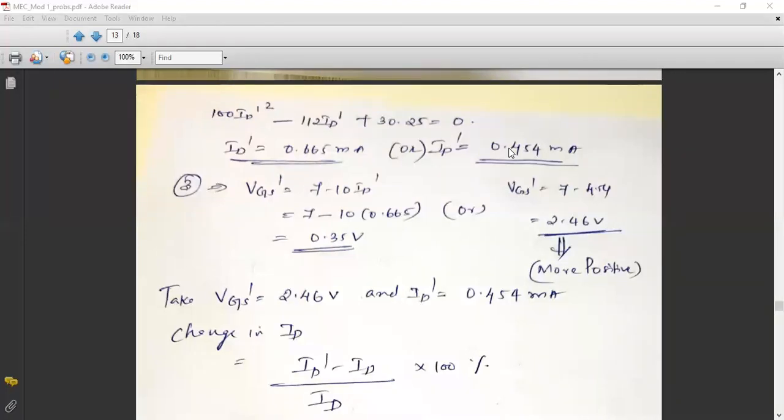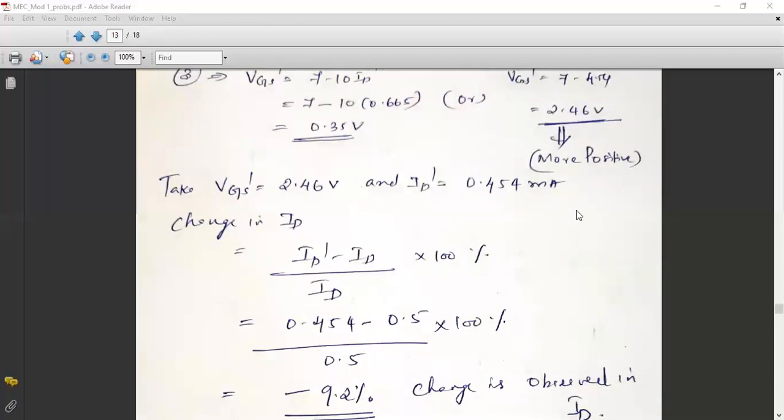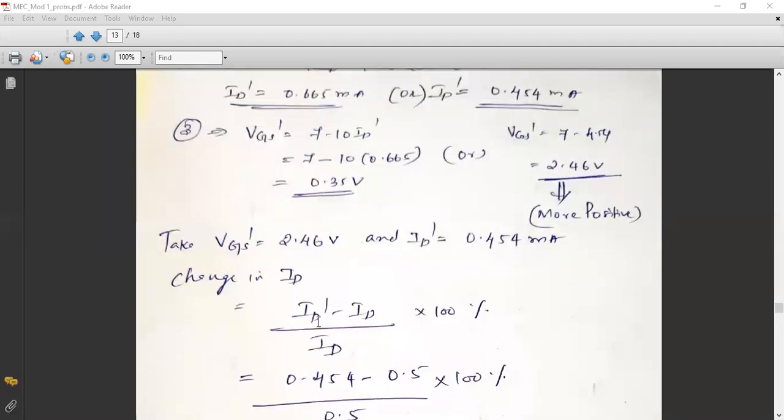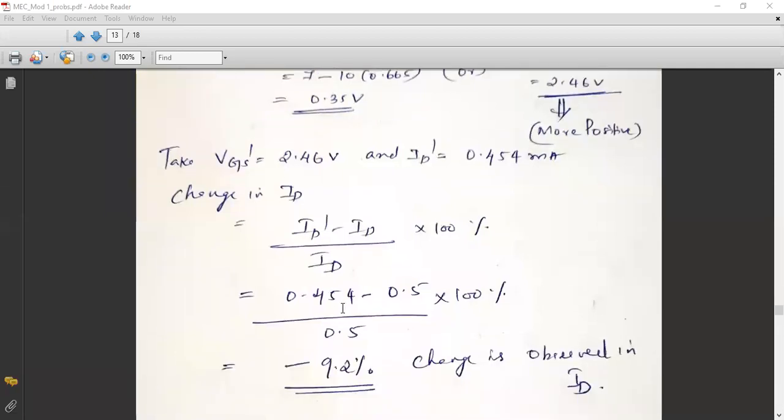Sir, 9.08%, sir. Okay. As per my calculation, it is negative 9.2%. Check once again. ID dash is 0.454. Okay, all of you take three digits after the decimal point, minus 0.5 by 0.5.